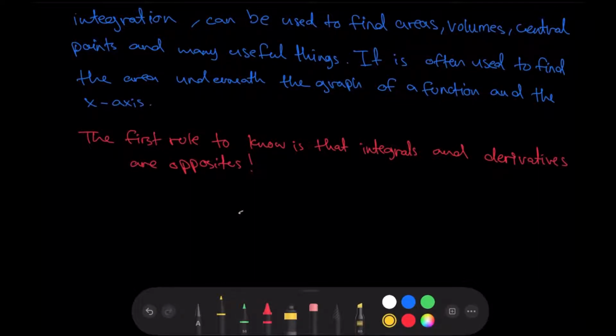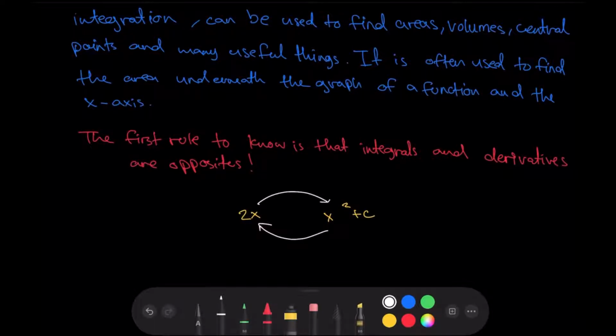So this is a derivative, and this is an integral. A derivative can be changed into an integral, and an integral can be changed into a derivative.